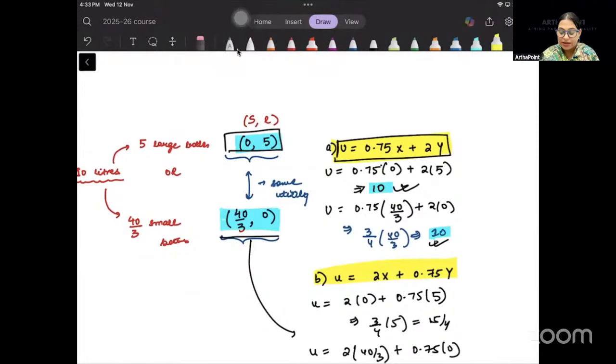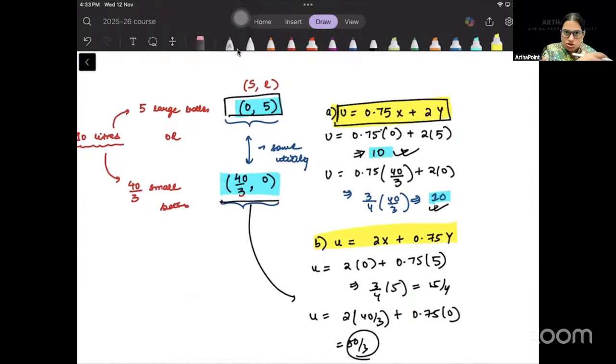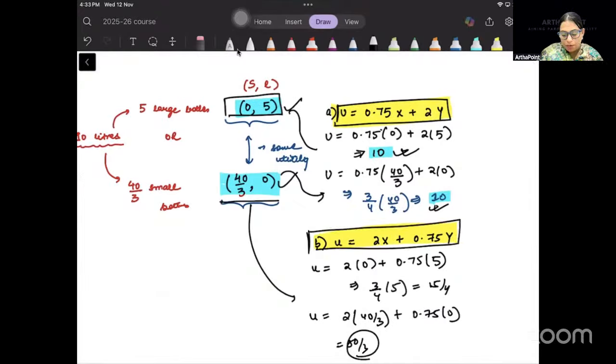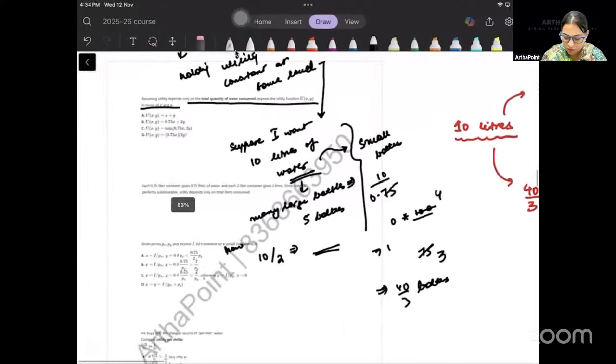We would have found the utility of our two extreme bundles, and the utility function which gave the same utility on both bundles would have been my correct utility function, right? So this is how we can judge. Okay, so yes, all of you are correct.